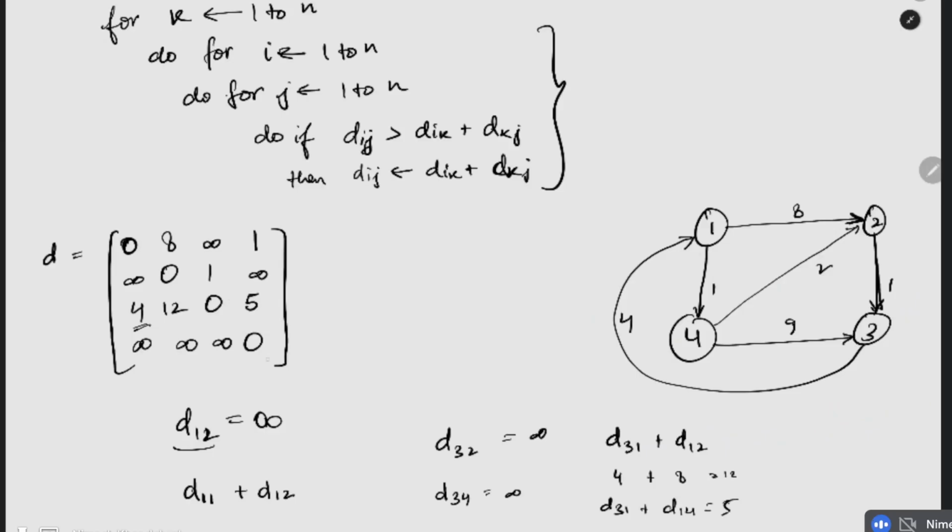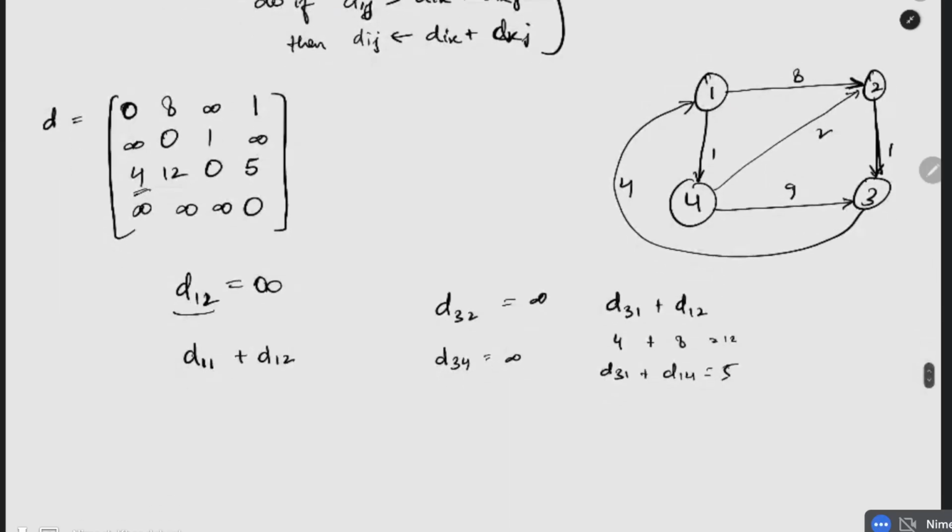Coming down further to the last row, d41 is infinity right now, and d41 plus d14 doesn't make sense because it's infinity, so we leave it as it is.